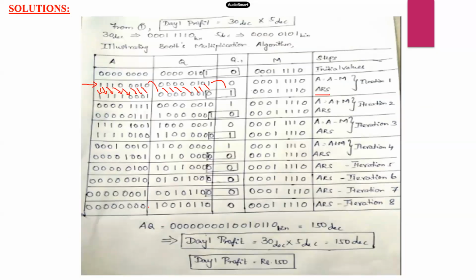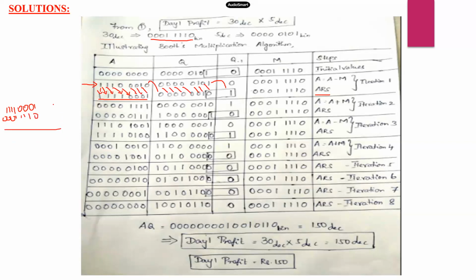So the multiplicand will be added to A, and the result is stored into A. What is the recent value of A? This is the recent value of A: 1111 0001. Then A equals A plus M. What is M? 0001 1110.